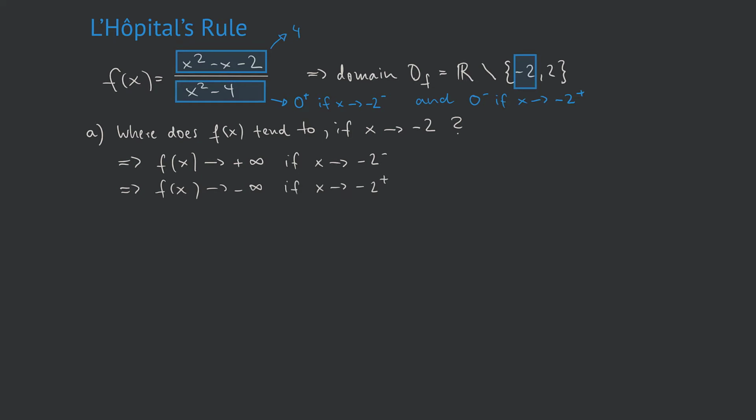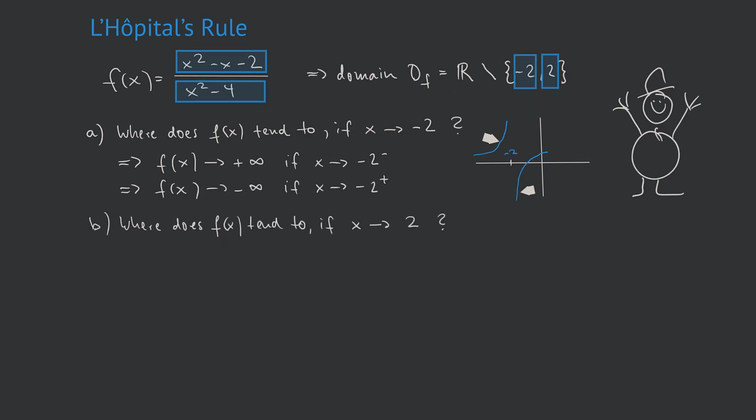That means that the graph of the function around negative 2 looks something like this. The bottom line is that the standard procedure for finding the limit of functions worked and we didn't need to use L'Hôpital's rule. This will be different if we look at the singularity at the number 2.